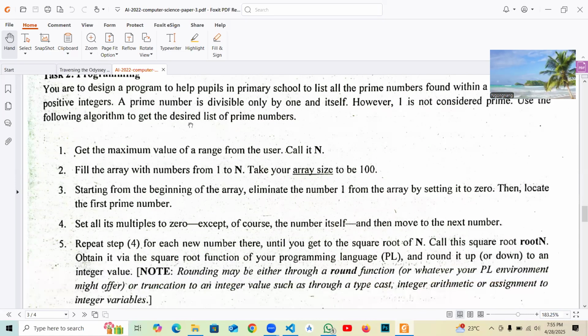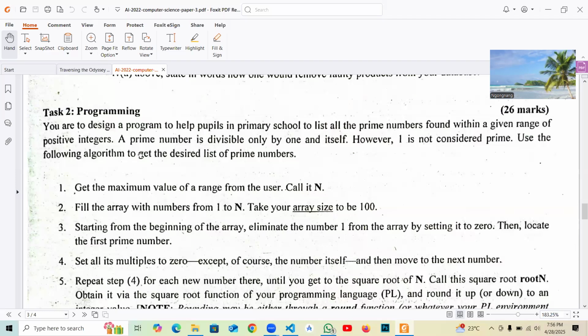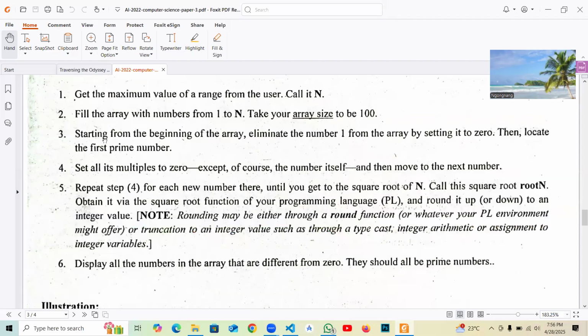So we are told to use this algorithm. They say use the following algorithm to get the desired list of prime numbers. First, get the maximum value of a range from the user, and call it n. Then fill the array with numbers from 1 to n.